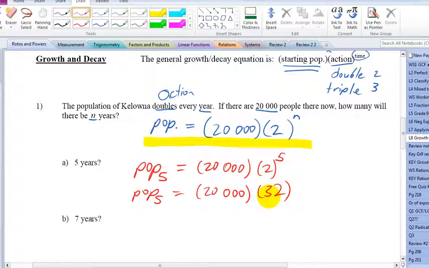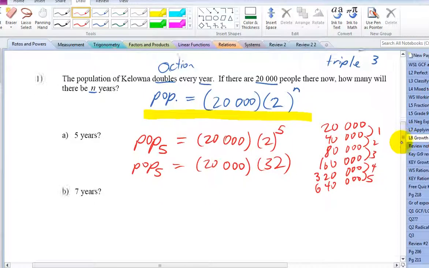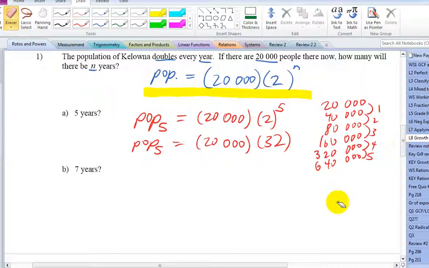Now what I mean by caveman is you can go 20,000, then year 1 will be 40,000, and then year 2 will be 80,000, then year 3 will be 160,000, then year 4 will be 320,000, and what about year 5? 640,000. So caveman means just figuring out the long way without a formula. Okay? And that's the technical term.